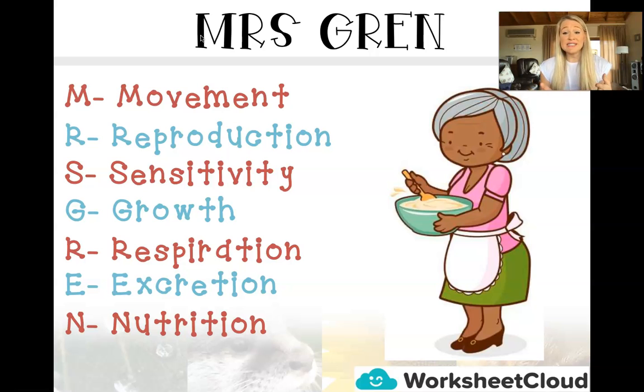And Mrs. Gren is there to help us go through all of the different sort of checklists to see, does this object move, reproduce, is it sensitive, does it grow, does it respire, does it excrete, and does it have nutrition?